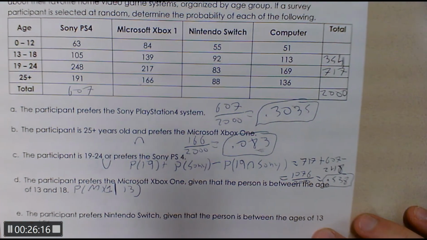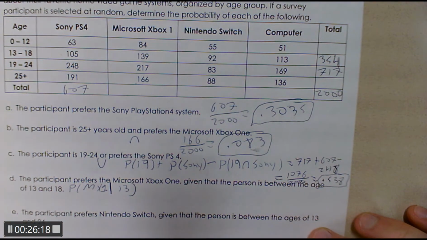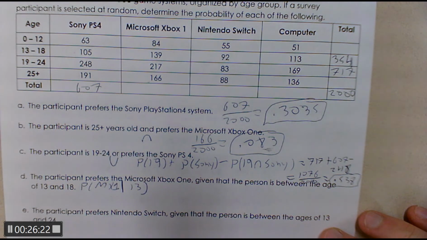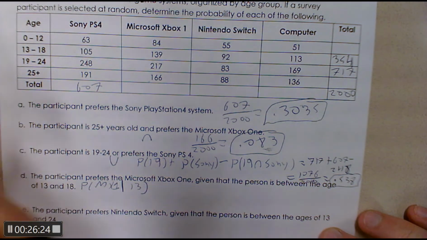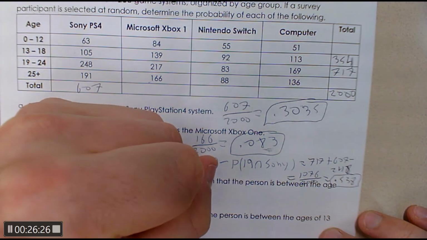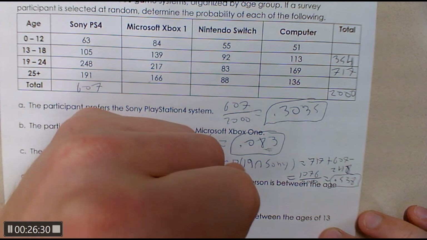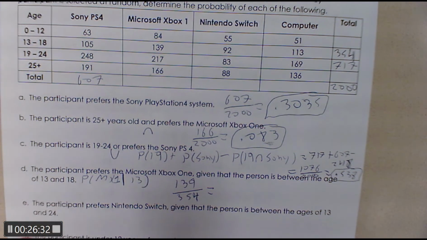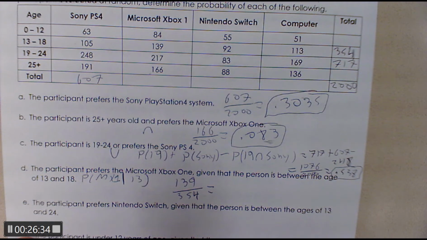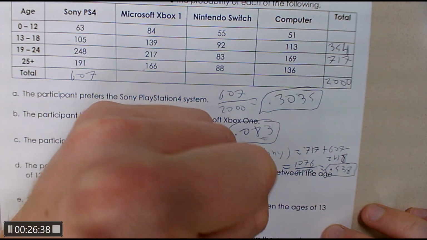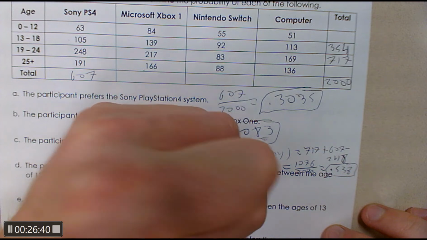Sorry, I hit y'all. I hit the camera. So 354. Of those 354, 139 are Xbox Oneers. So 139 divided by 354 is 0.393.